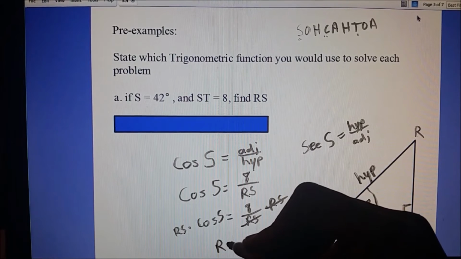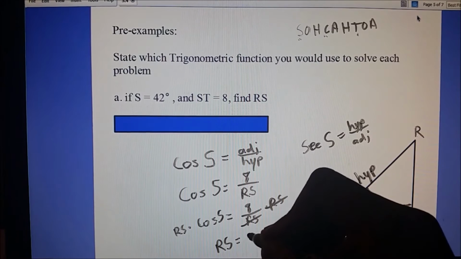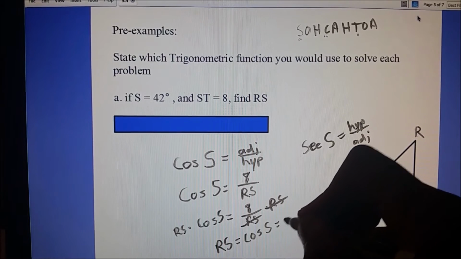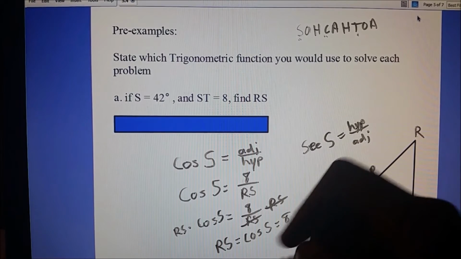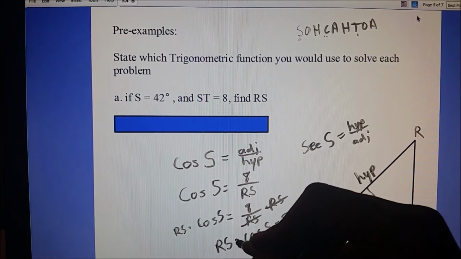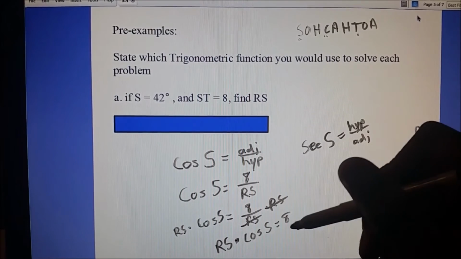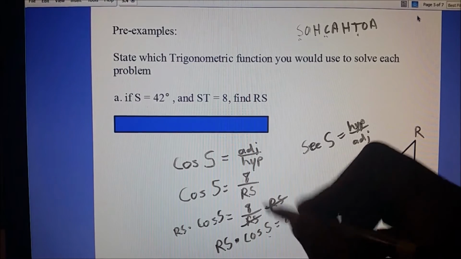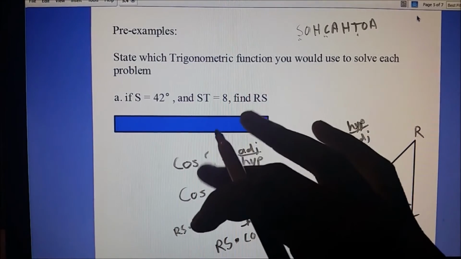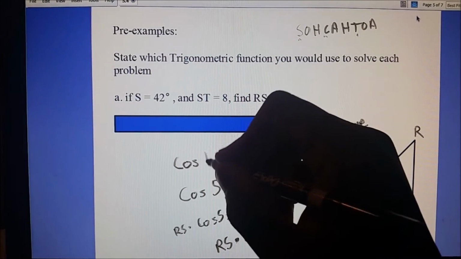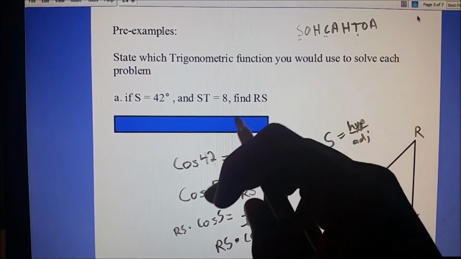I have RS equals cosine of S times 8. And that's not equal, that's times right there. Okay? Now, the one thing that I didn't put in here is S. We already know what S is. How do we know S? S is equal to 42. So we're supposed to put 42 down.